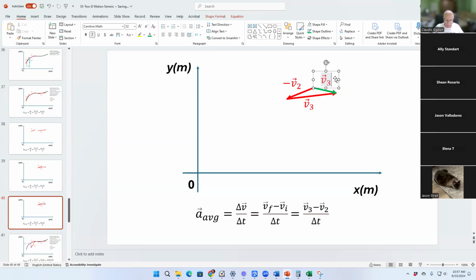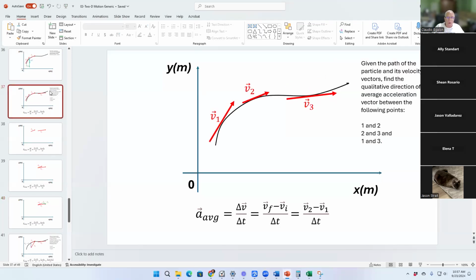V3 minus V2. And then we put that here. And then we can put it back there in our drawing.